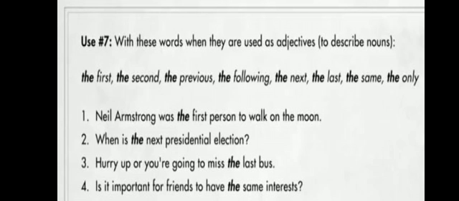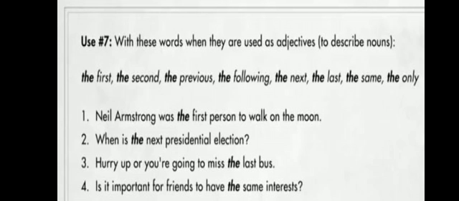Now these are the time expressions that can be made use of in order to describe any noun. So over here you can see Neil Armstrong was the first person to walk on the moon. Students, you can see that the first is the word that is going to describe the noun, that is the person.